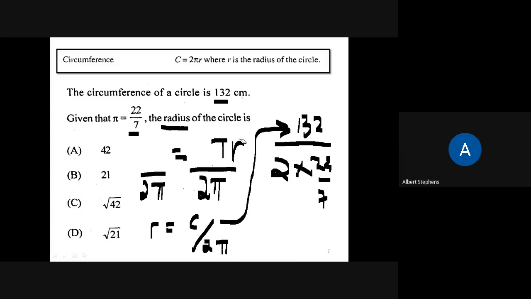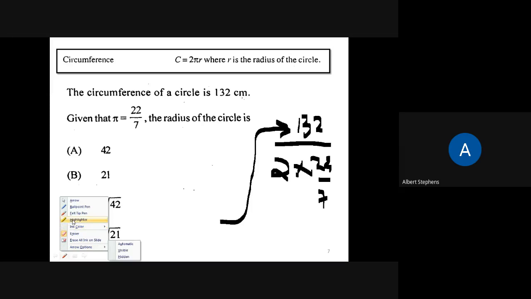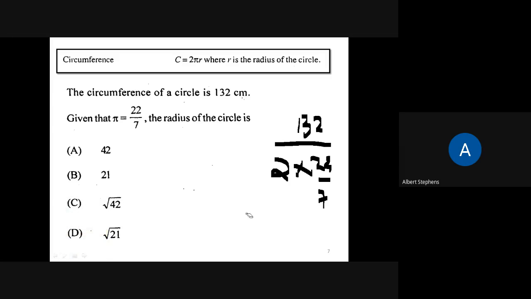All right. Let me just erase this part for space. So 132, right? Let us work out this part first.